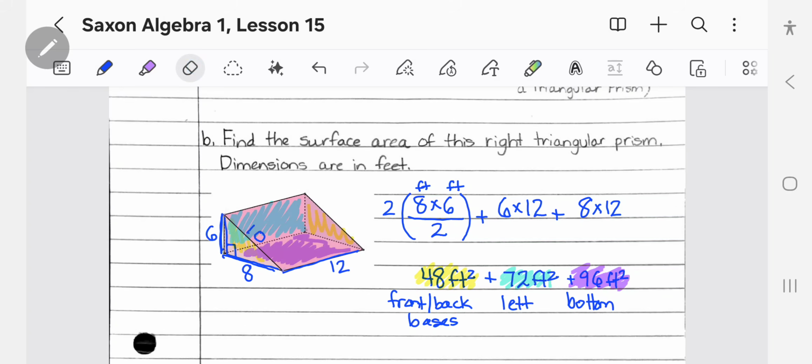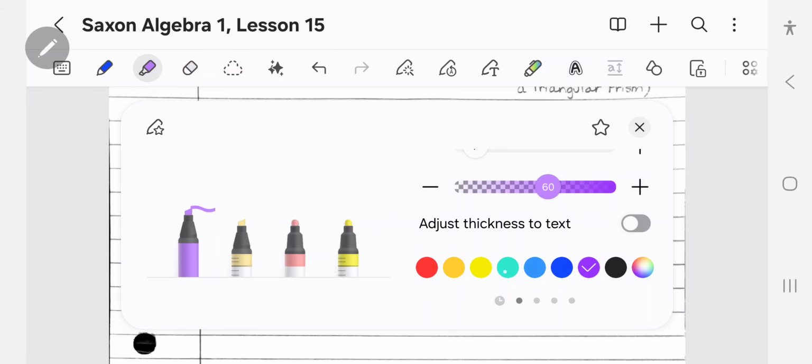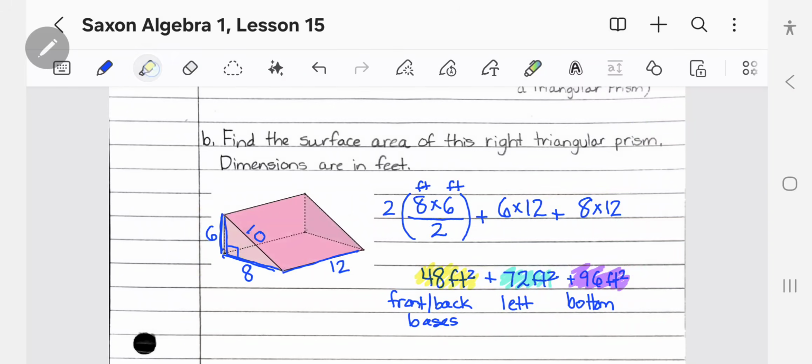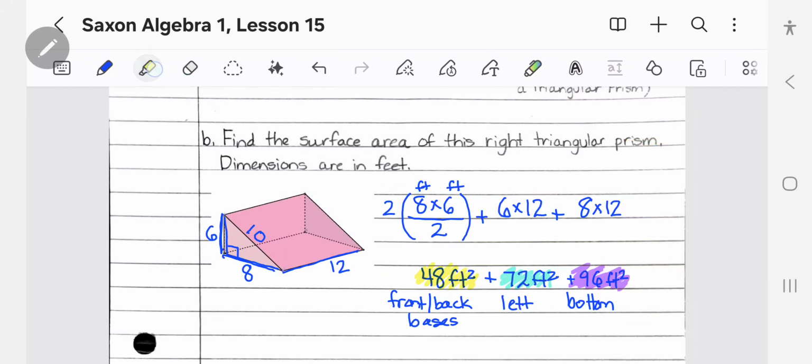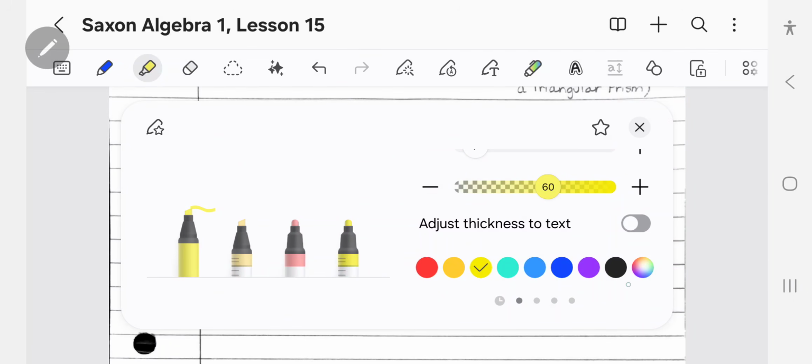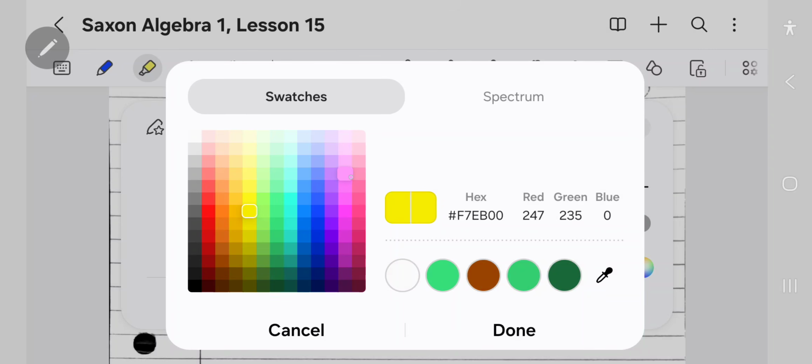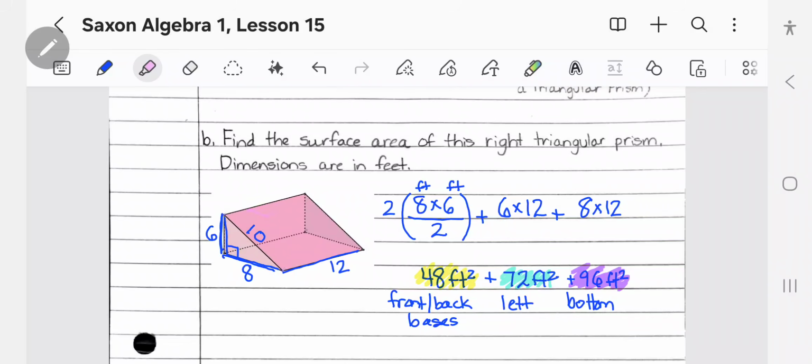And then what do we have left? Well, I'm going to uncolor everything for a second because I think that may make it a little bit easier. And you see that top there, it's in pink right now. What could we color it? Let's do, oh, we already had a yellow, didn't we? Did we have the blue? Yes, we did. We'll just go with pink. And it's already pink, so that'll be nice.